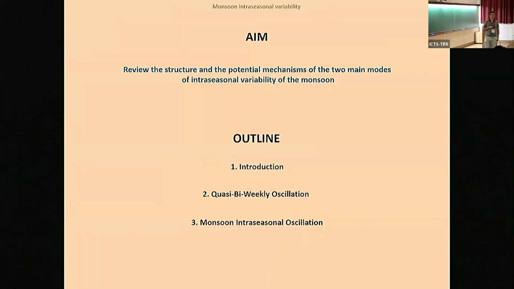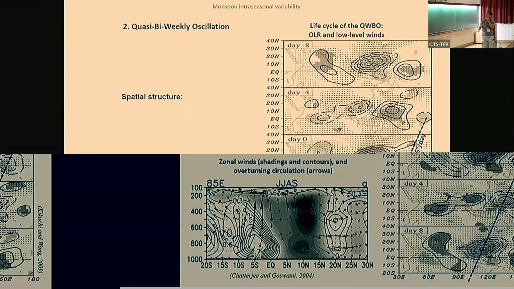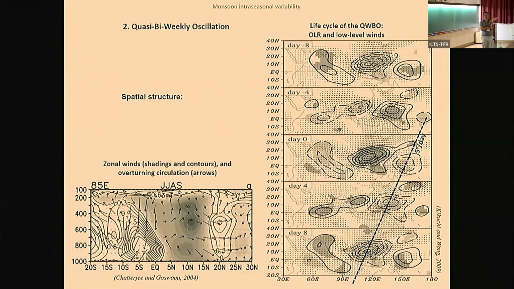Recently, I think we're narrowing it down to two names: boreal summer intraseasonal oscillation, BSISO, and MISO, monsoon intraseasonal oscillation. I'm used to calling it MISO, so that's what you'll see in this presentation. The quasi-biweekly oscillation, QWBO in short, has a W so that we don't confuse it with the quasi-biennial oscillation.